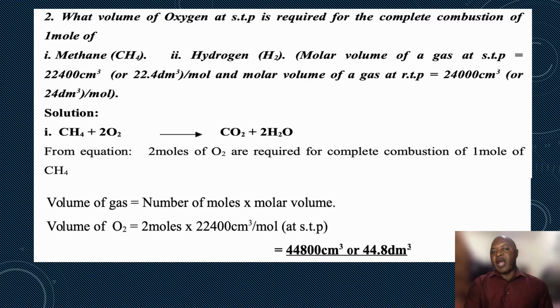That is 22,400 cm cube or 22.4 dm cube per mole. So if there are 2 moles, what do you expect? It's times 2, and you have 44,800 or 44.8 dm cube, or cubic decimeter. So that leads on to question number 3.